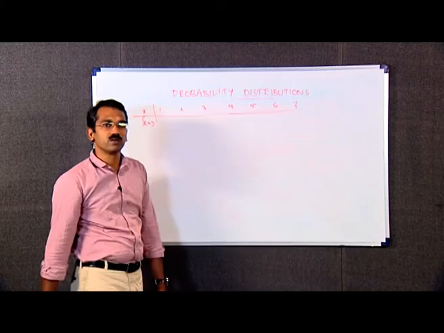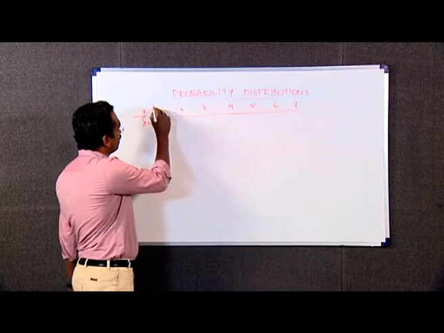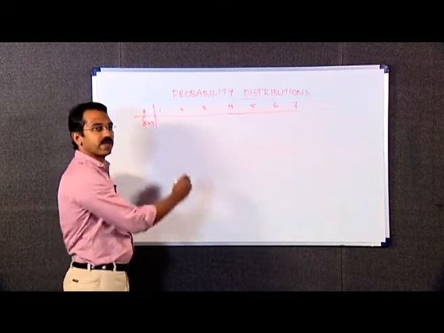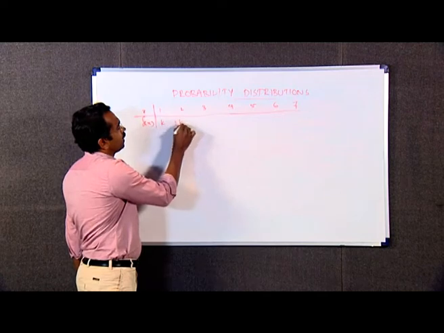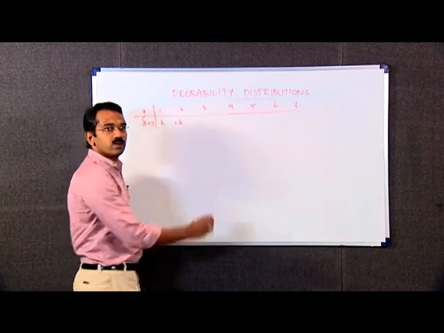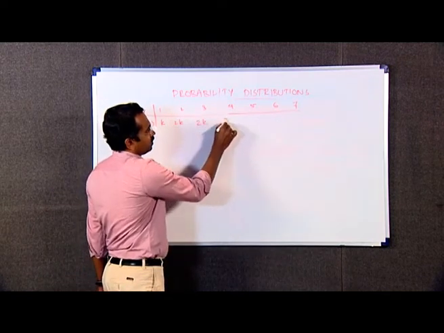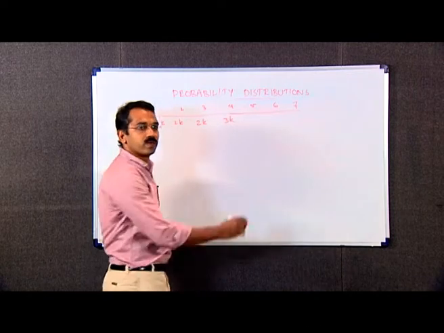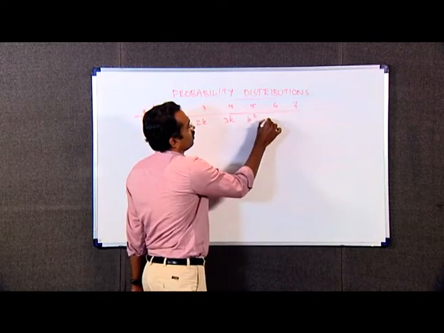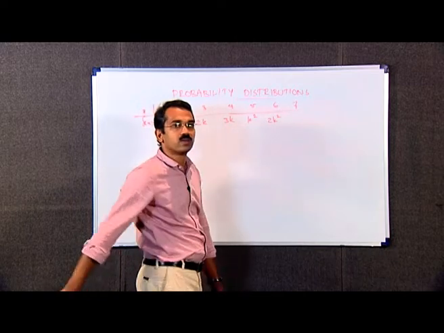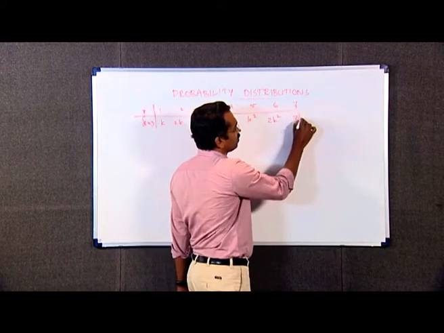The corresponding probabilities are k, 2k, again 2k, 3k, k square, 2k square and 7k square plus k.